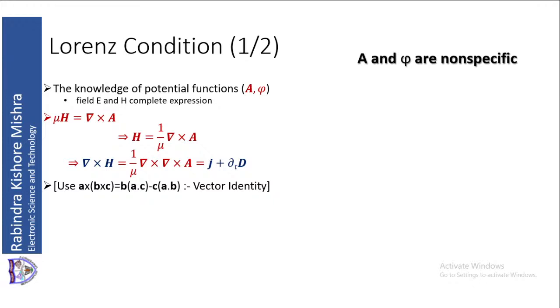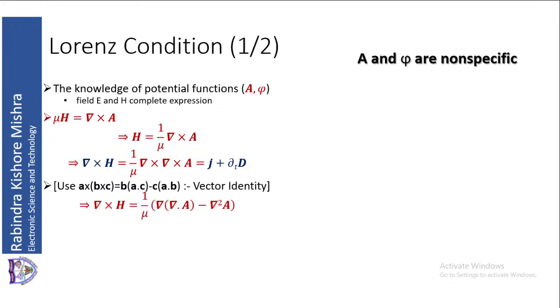Now, I use this backcab rule or vector triple product rule. A cross B cross C is equal to B multiplied with A dot C minus C multiplied with A dot B. This is a vector identity.